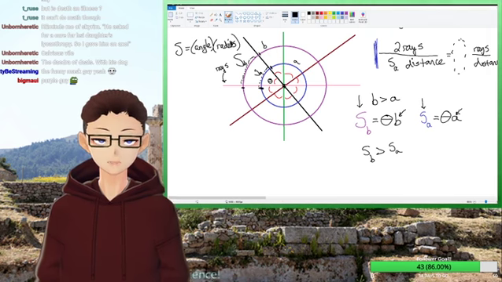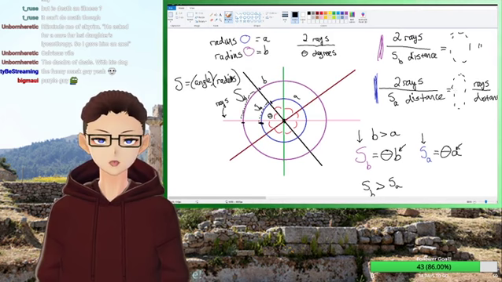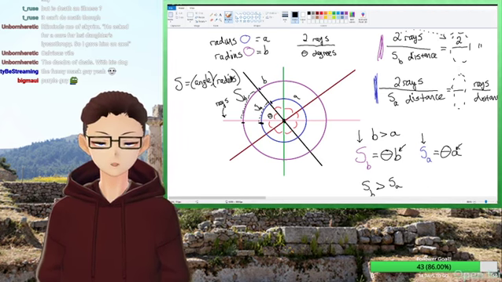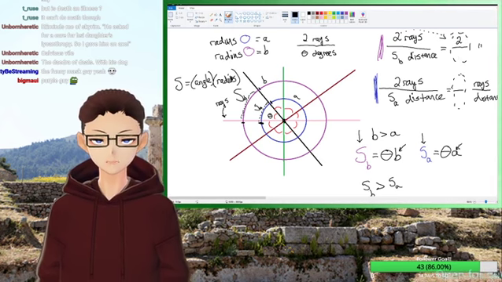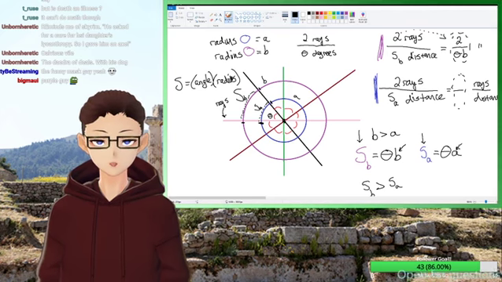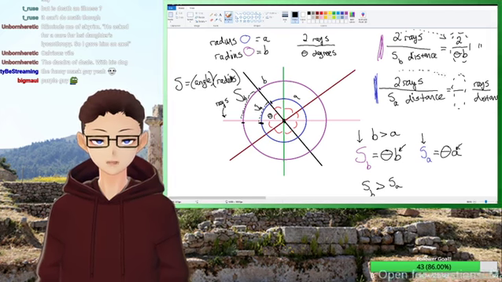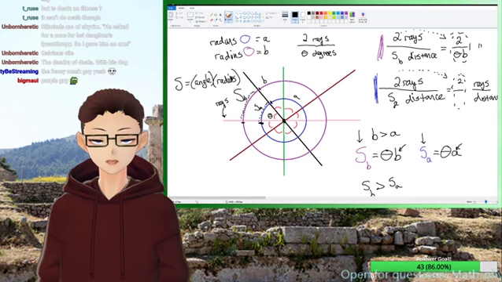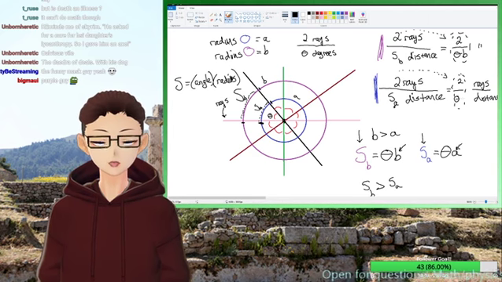Now, let's actually replace some values. We're still getting 2 rays from the top, but S of b is theta times b. There we go. And this still has a 2, but then for the arc length, that is going to be theta times a.